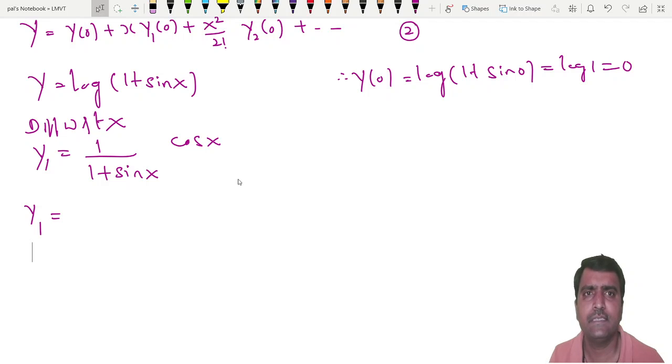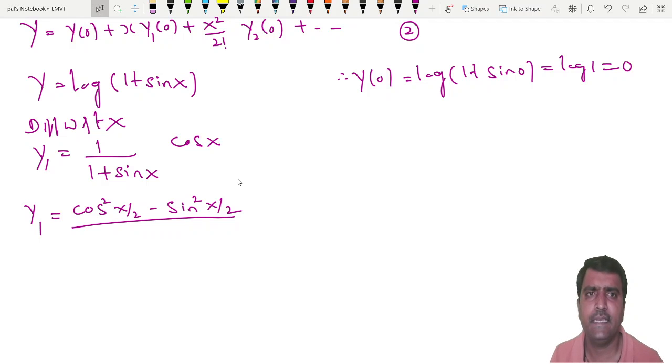Like that, cos x can be written as cos square of x by 2 minus sin square of x by 2. This is divided by 1 plus sin x, where 1 can be written as sin square x by 2 plus cos square x by 2.